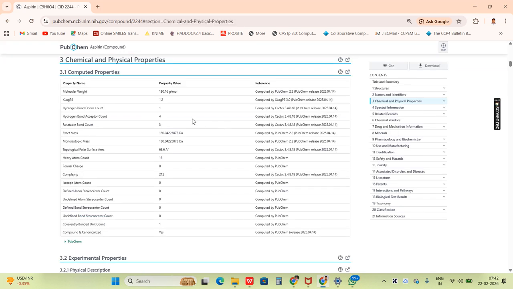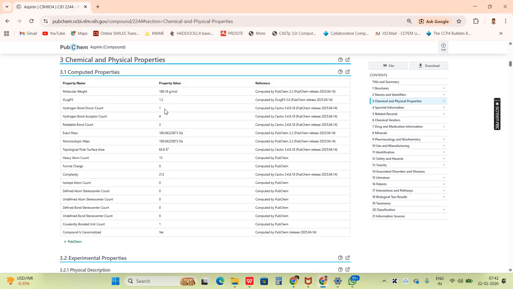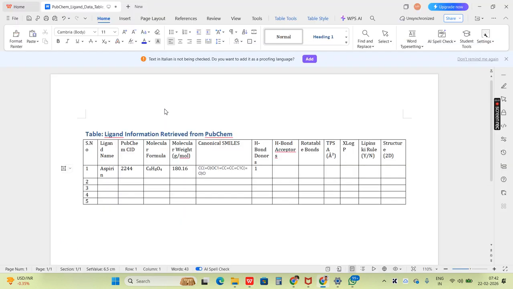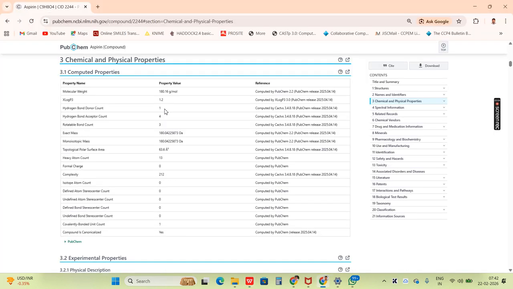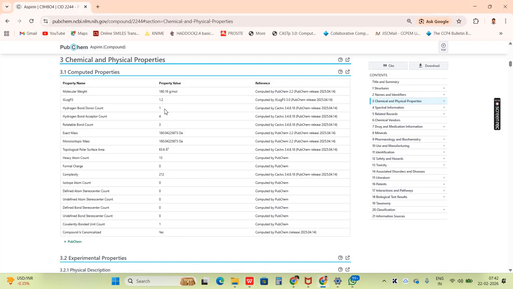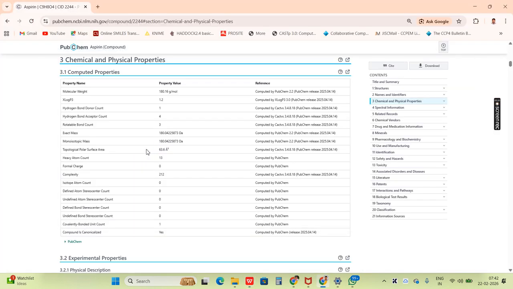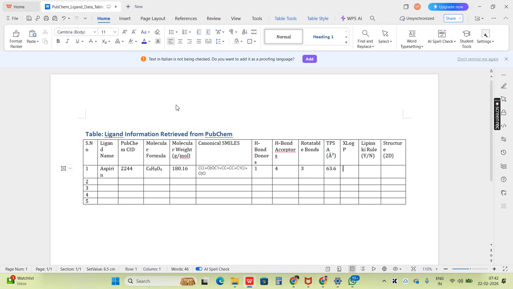Here you can find the hydrogen bond donors is 1, hydrogen bond acceptors are 4, the number of rotatable bonds is 3, and the TPSA value is 63.6 angstrom squared, so no need to type the units. And the XLogP3 is 1.2, which talks about lipophilicity.